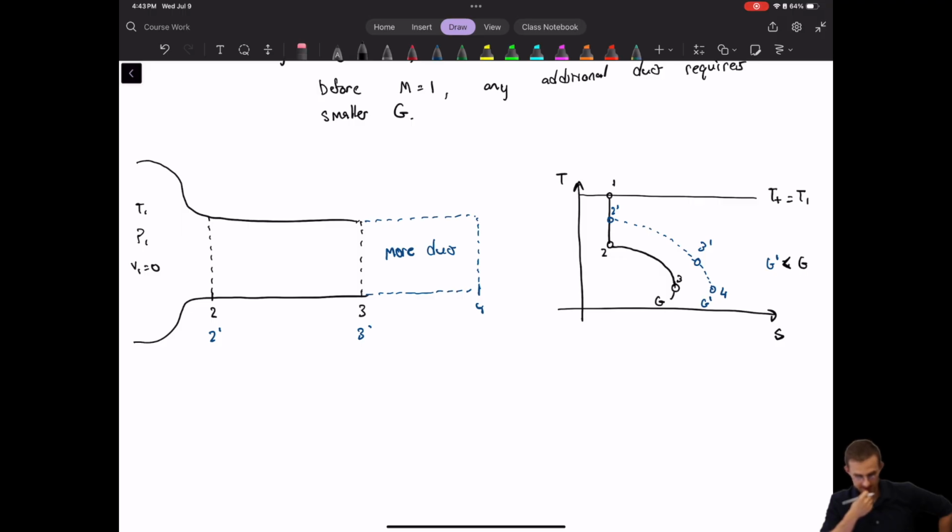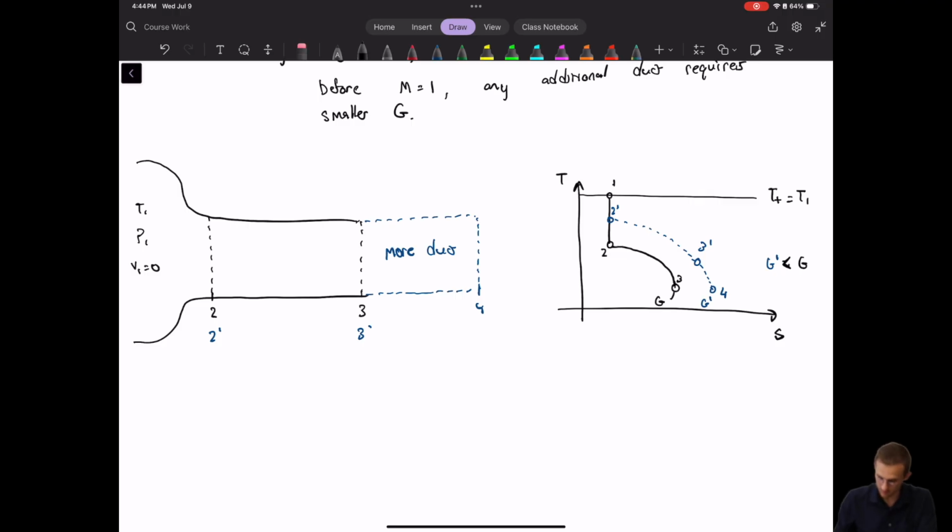So like I said, if you add more duct, you are just reducing the amount of mass that can flow through the duct in unit time. Okay, becomes choked.